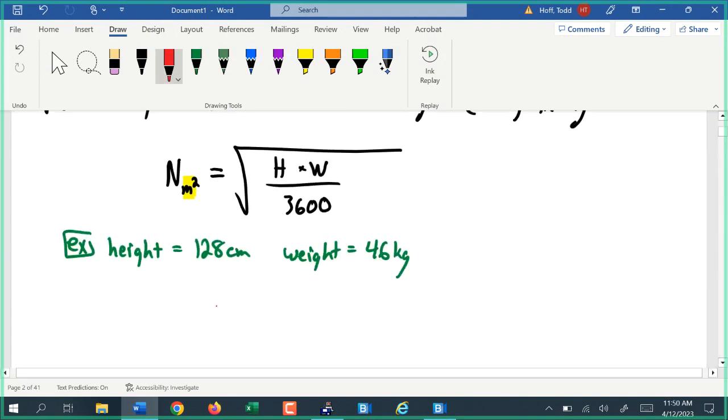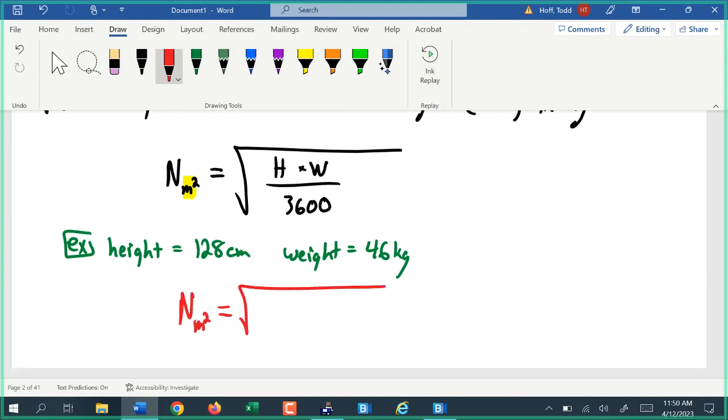So we're simply going to plug it into this formula. Body surface area in square meters will be height 128, that's again height in centimeters, times kilograms 46 over 3,600.